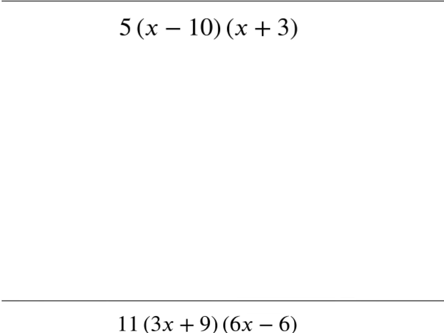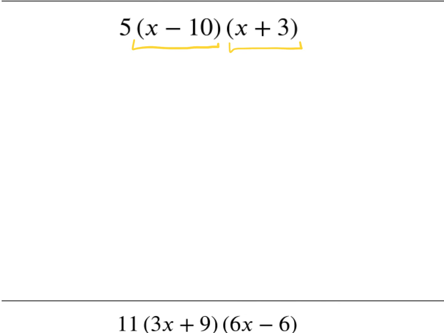So we have 5 times x minus 10 times x plus 3. So we're trying to solve for x in each of these. So we want to look at the factors that have an x. So that means we're looking at x minus 10 and x plus 3.